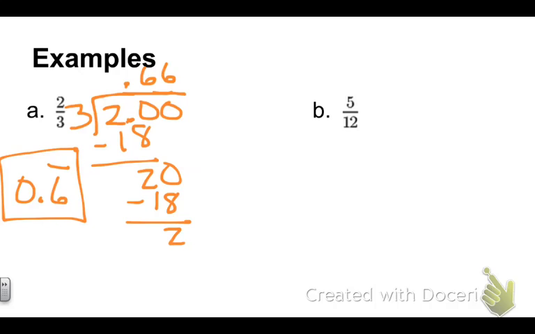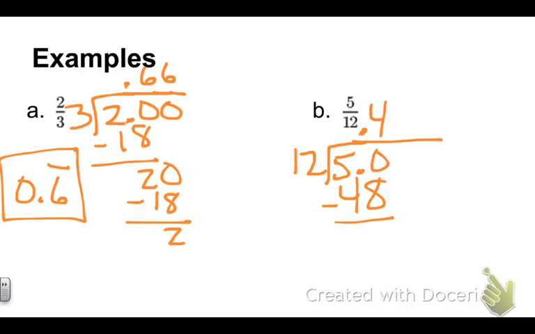For part B, 5/12, again, it's 5 divided by 12. I'm going to have to write a little bit small here. How many times is 12 going into 5? And just keep doing the division.